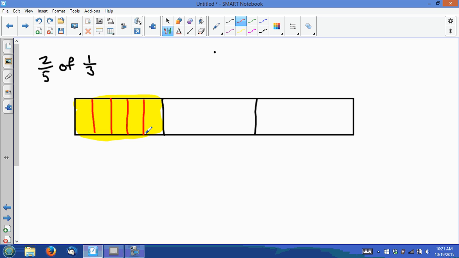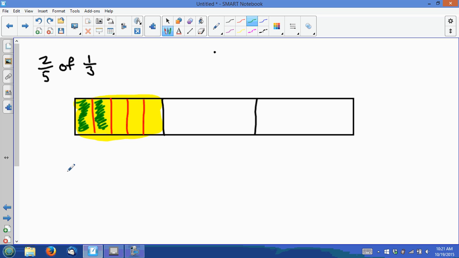The next question for you to ask is, how many of those pieces am I going to shade? How many of those pieces am I going to select? If you said 2, you're right. I am interested in shading 2 of them.